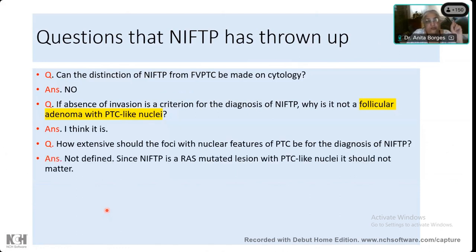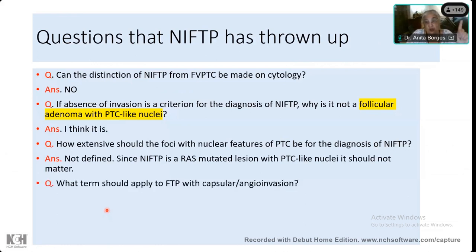They are very silent on this. It is not defined. And to me, it doesn't make any difference at all, because NIFTP is a RAS mutated lesion with papillary thyroid-like nuclei, and it's going to behave exactly like a follicular adenoma. So you call it a follicular adenoma or you call it NIFTP, it's not going to make any difference at all.